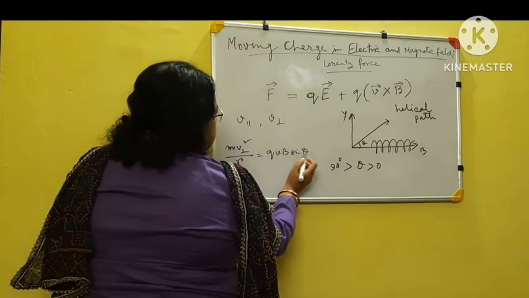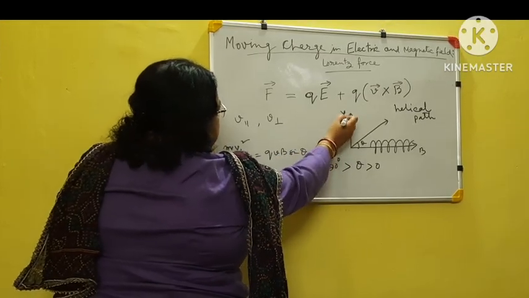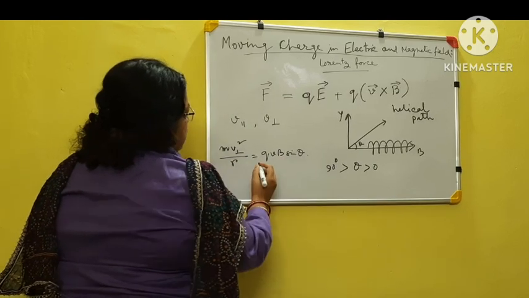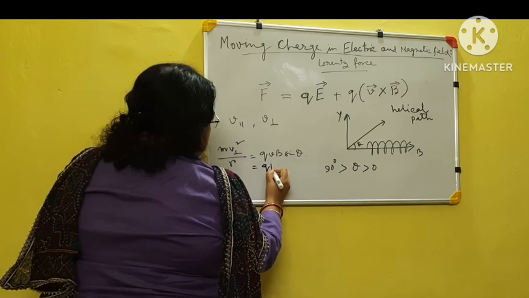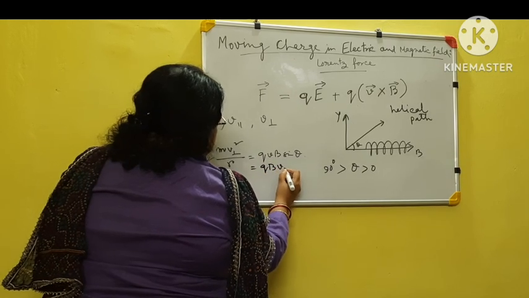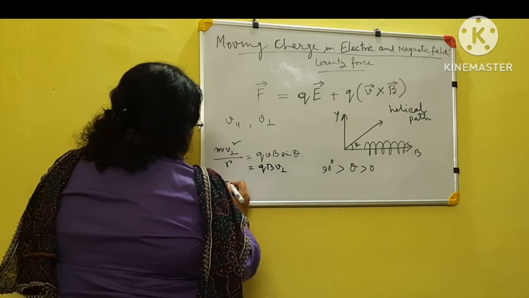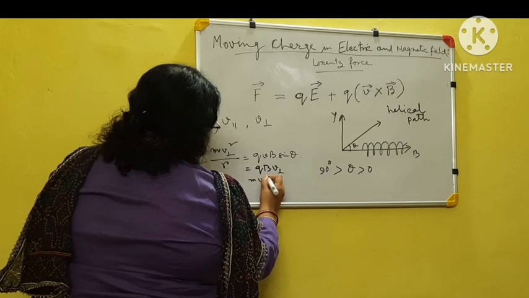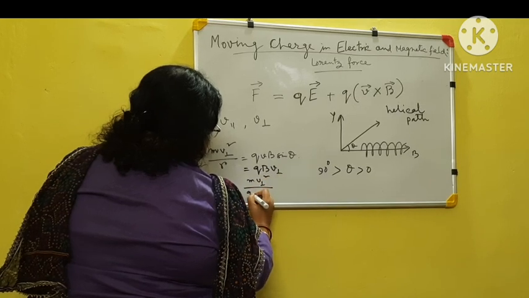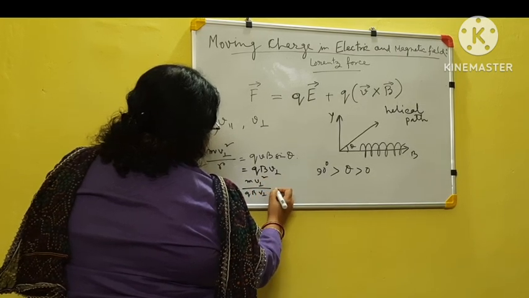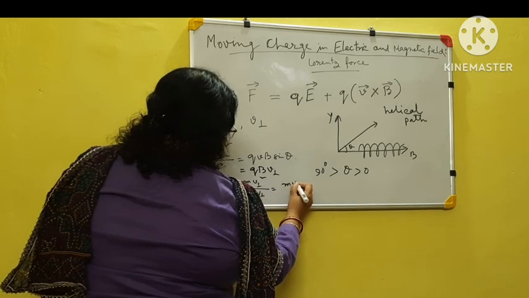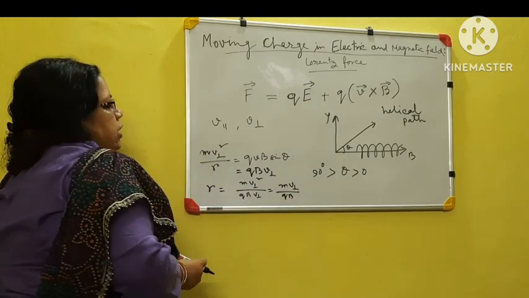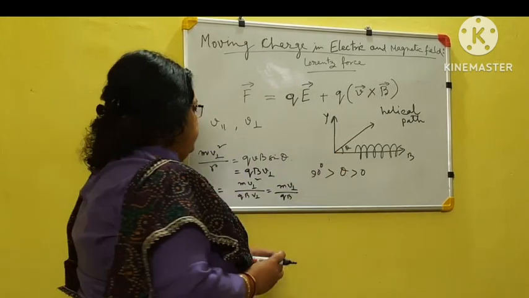We can say v sin theta means this component of velocity along the y direction, that means the perpendicular component, so qV perpendicular B. Or r I can write as m V perpendicular by qB, that is the radius of the helix.